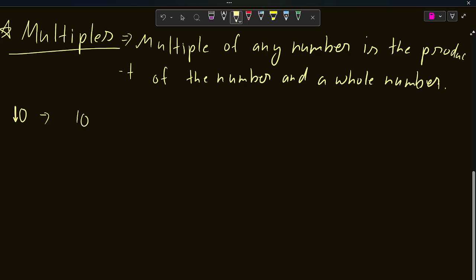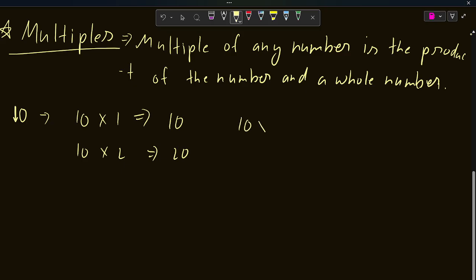So if I'm multiplying 10 by 1, then I'm getting 10. It means 10 is a multiple of 10. If I'm multiplying 10 with 2, I'm getting what? I'm getting 20. It means 20 is the factor of 10. Sorry, 20 is the multiple of 10.